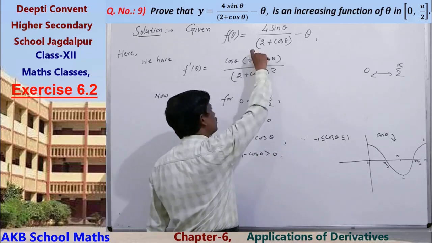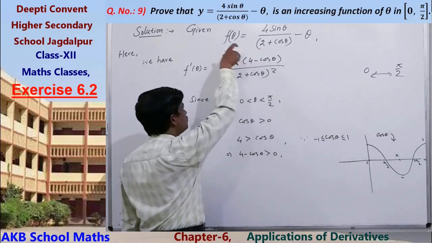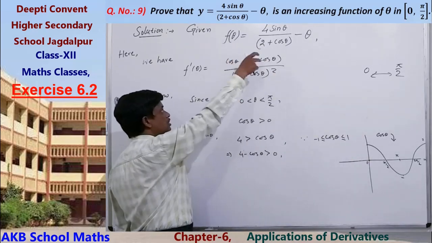So this second quantity is also positive for this interval. These two quantities are positive.